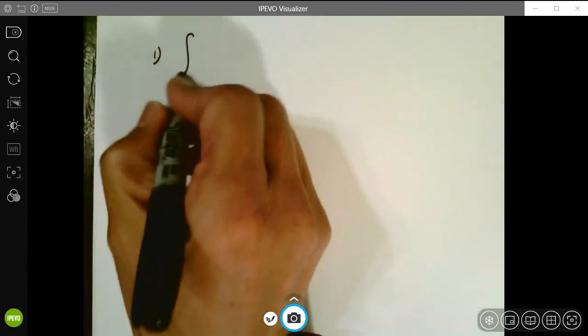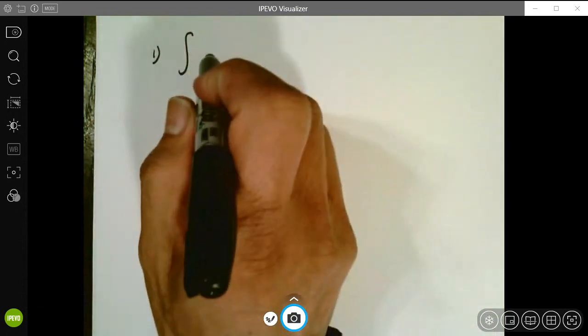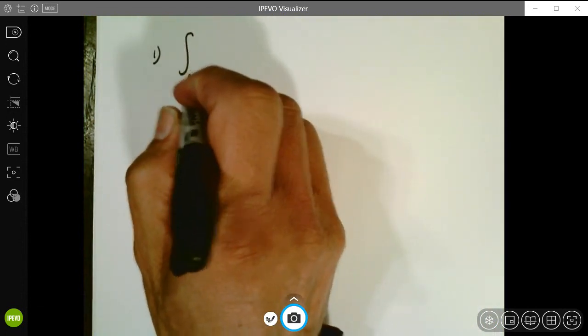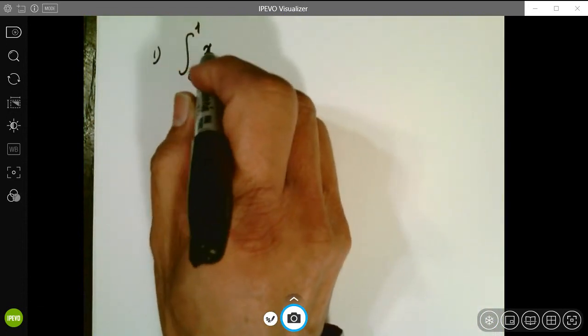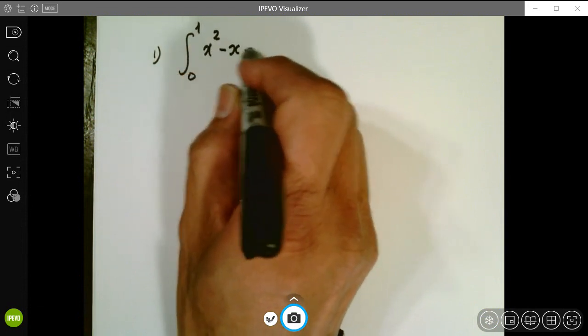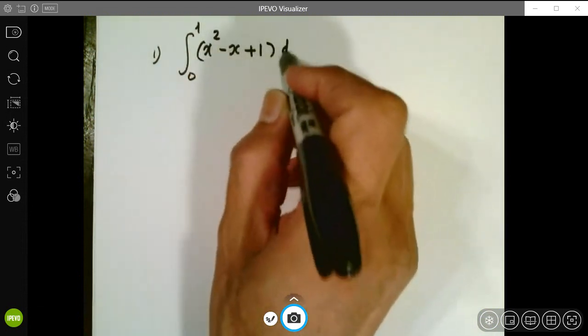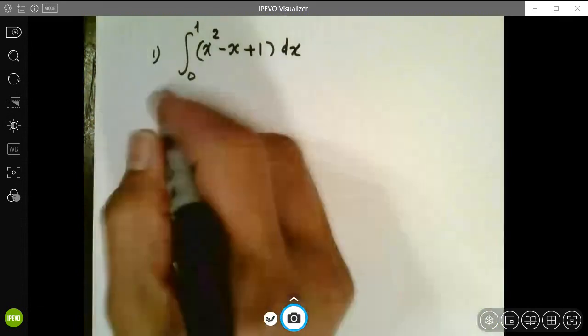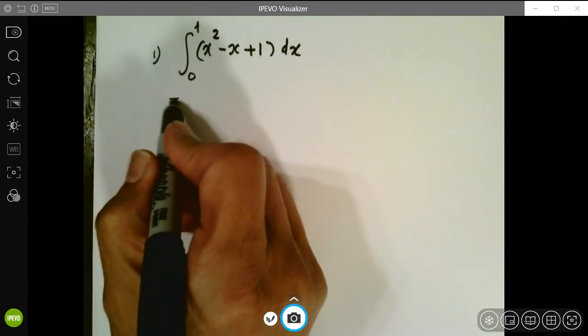One, let's say I want to give you the integral from 0 to 1 of x squared. Here I need to use the power rule.